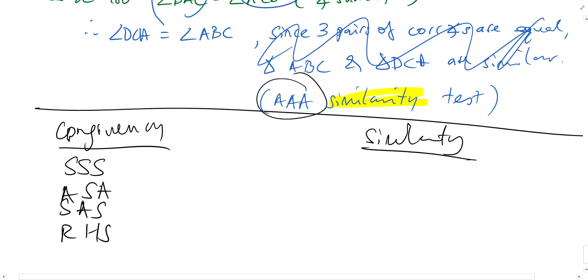So obviously AA is one. What else? What else do you remember? No ASA. There is SSS. One more. SAS. Okay?